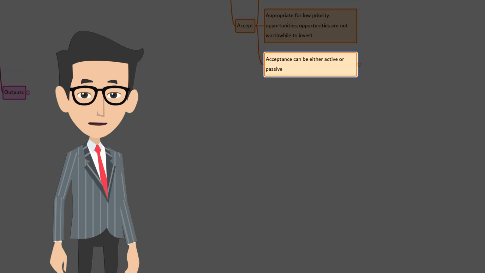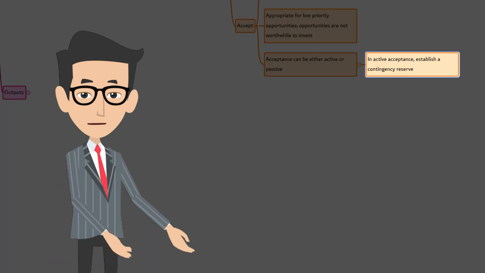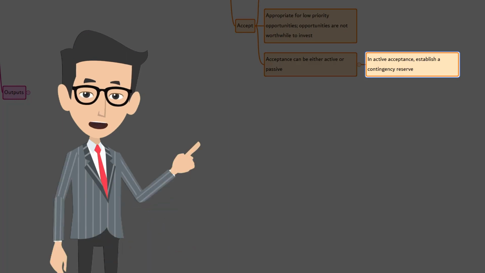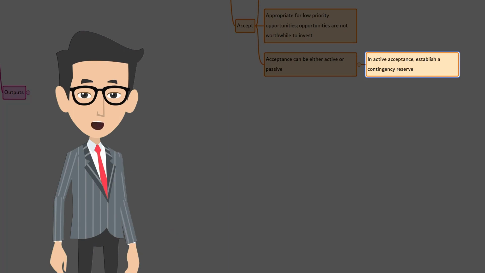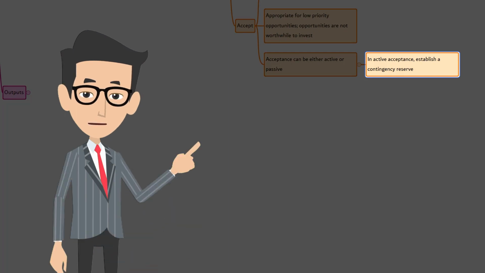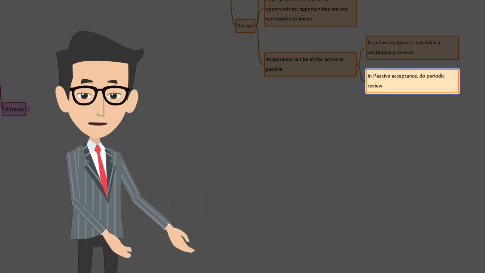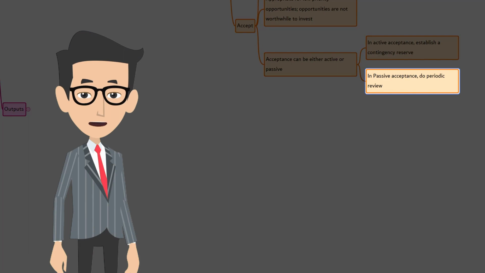Acceptance can be either active or passive. One of the most common active acceptance strategies is to establish a contingency reserve, which includes time, money, and resources to take the opportunity if it occurs. In passive acceptance, you periodically review the opportunity to ensure that it does not change significantly.